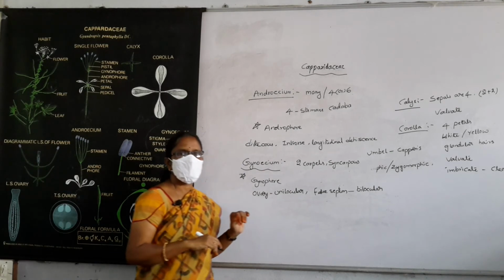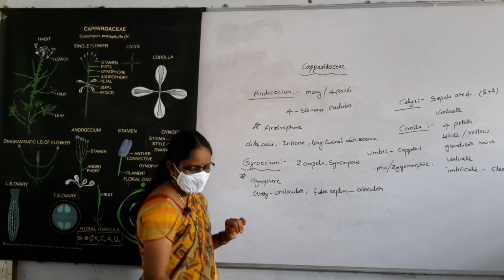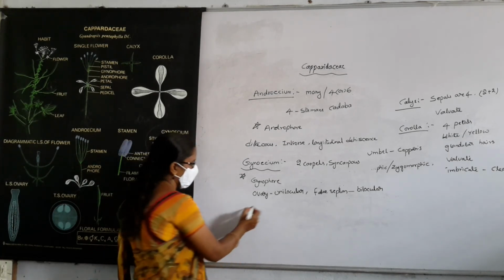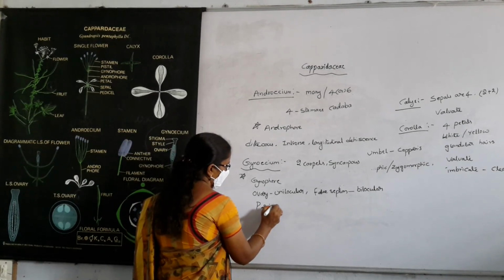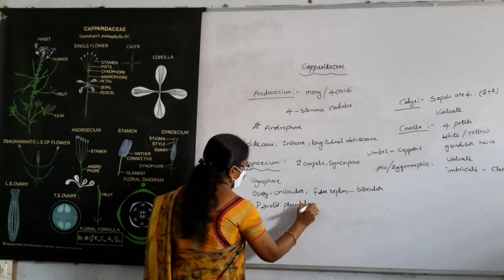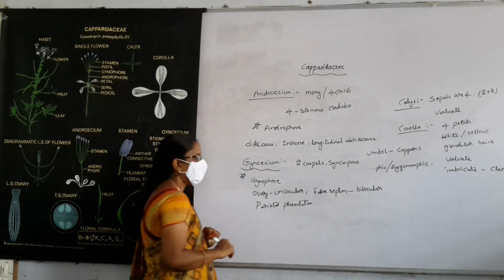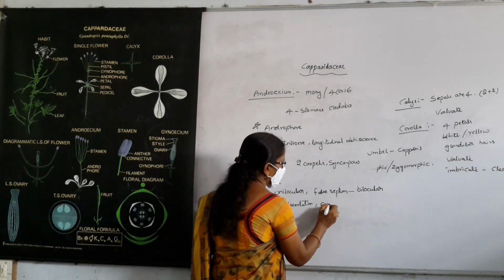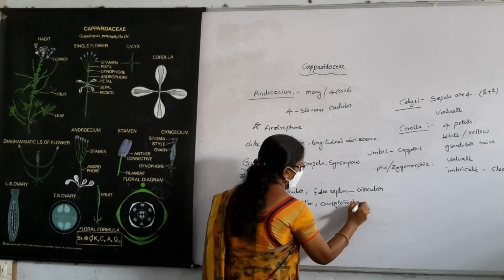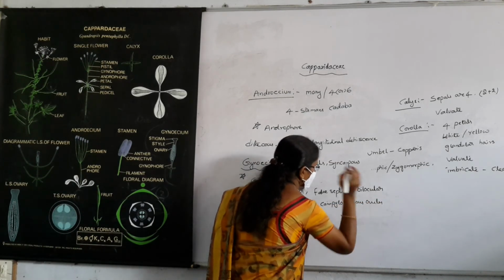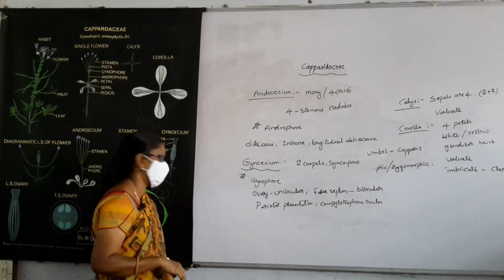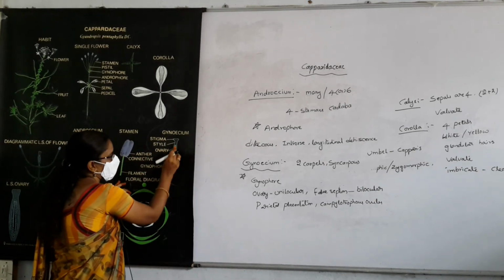The placentation is parietal placentation, and normally the ovules are campylotropous ovules. Campylotropous ovules are present in the ovary.